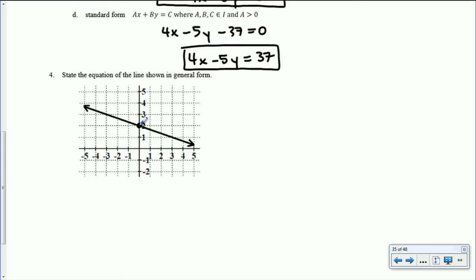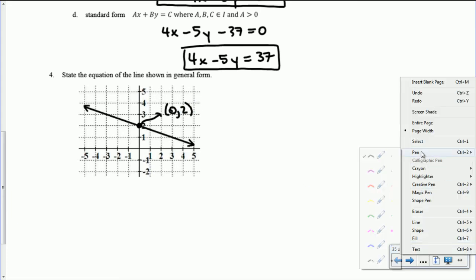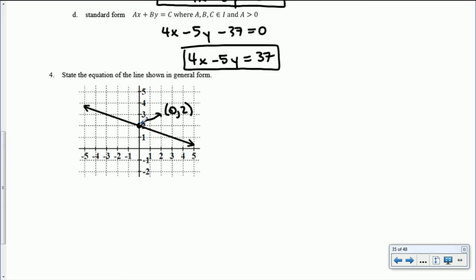So here we have a special point. This is the y-intercept, so that's 0, 2. I can also determine the slope from here. So going from there to, looks like we go through the crosshairs there, down 1, right 3.